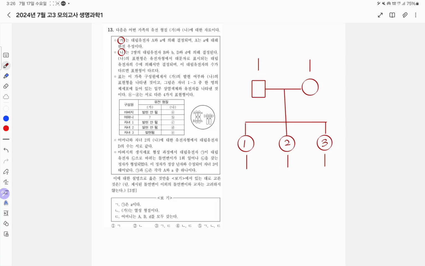The second trait is controlled by two genes, B and D. The number of capital B and Ds determines the phenotype, so we can think of gradients like skin color for the second trait.